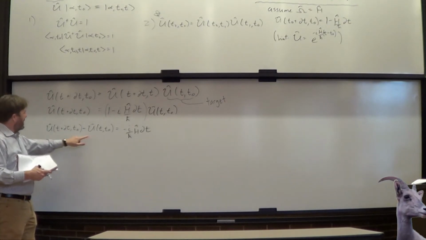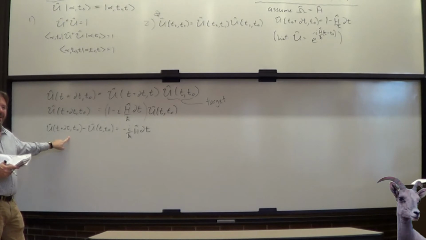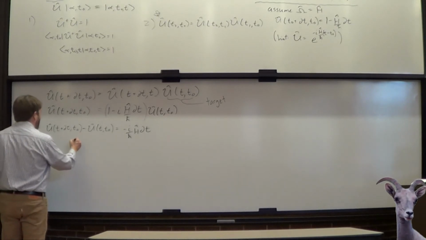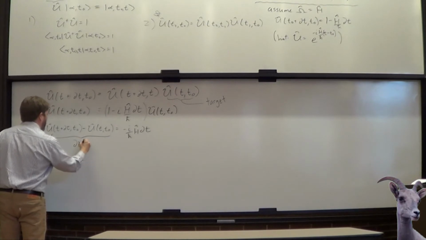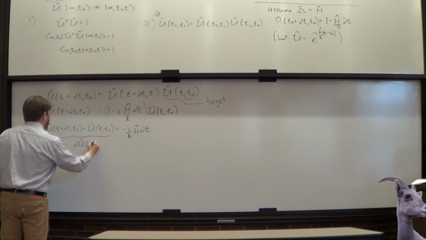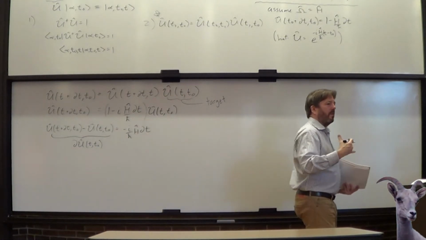Okay, so like middle school simple. Notice what I've done here. This is an advancement in dt, so this is a partial change. These are only different by some dt, 1 over infinity amount.